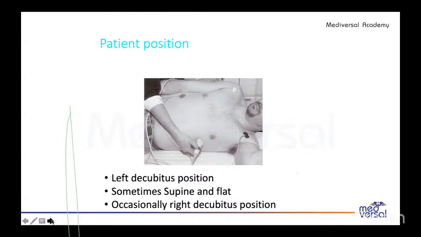In this situation, what happens? The air moves to the other side and the heart comes in front, and you are able to visualize all the parts. Occasionally the right decubitus position is needed, but usually the left decubitus position is the best position for you to do an echo. Next slide.